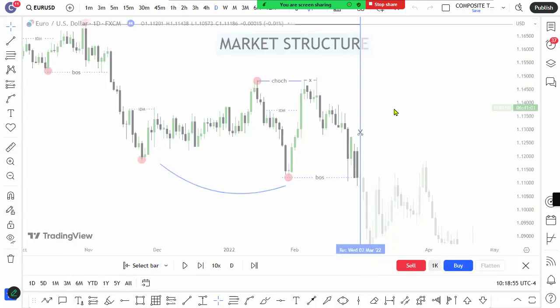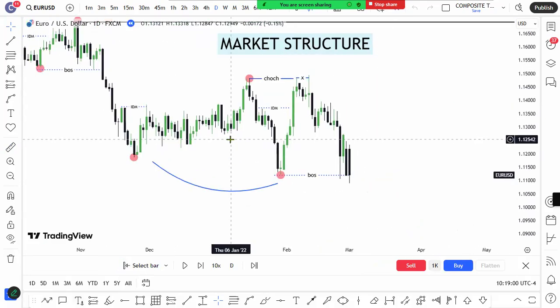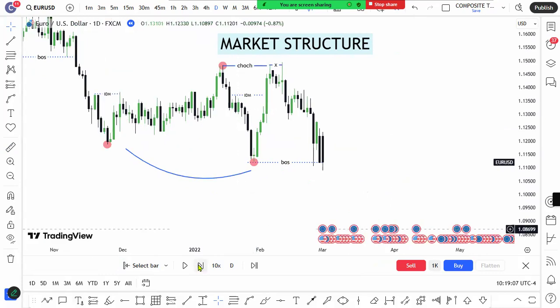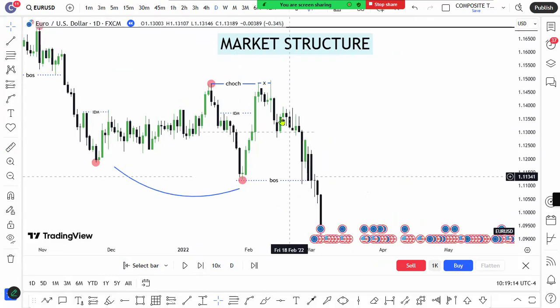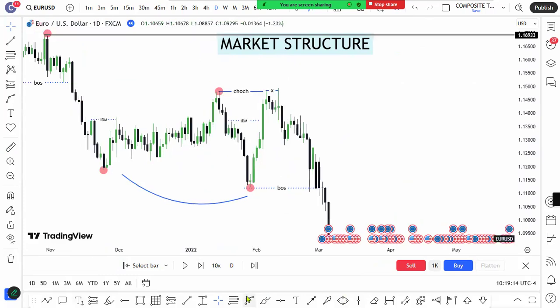We will wait for price to break this structure. We'll wait for price to break this structure and close with the candle. Okay, let's see. Okay, closing the candle now. We have that, but the market has struck this high. So what we can do here is that I'll transfer this high to here.